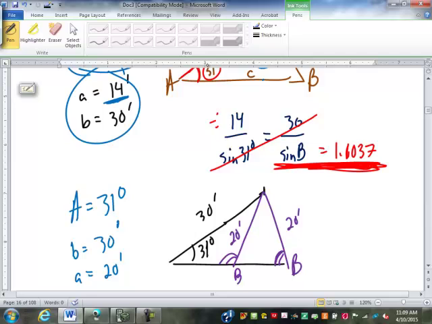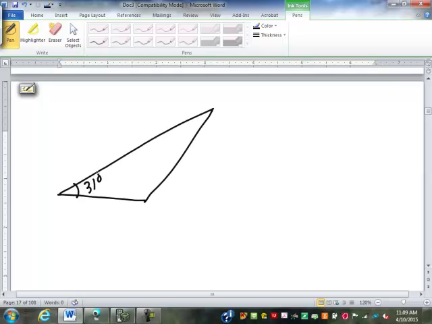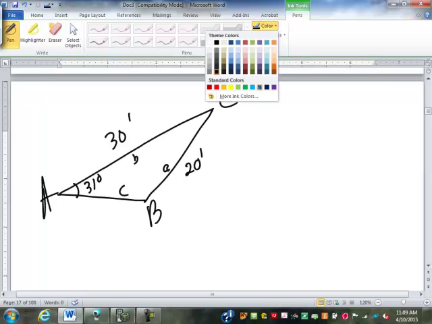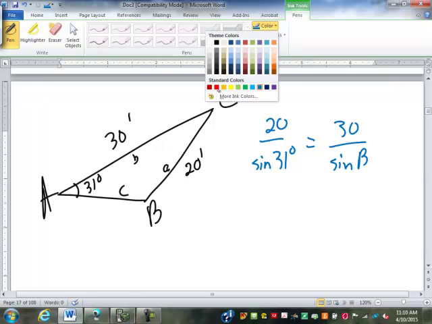So let's actually draw a picture. Let's say we're given a picture with the problem. It looks like this. This is 31 degrees, 30 feet, 20 feet. So we go ahead and set this up. 20 over the sine of 31 degrees equals 30 over the sine of B. Cross multiply and divide.